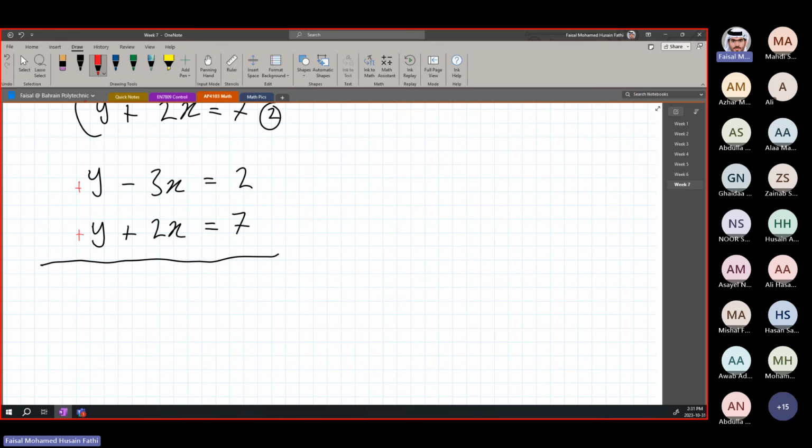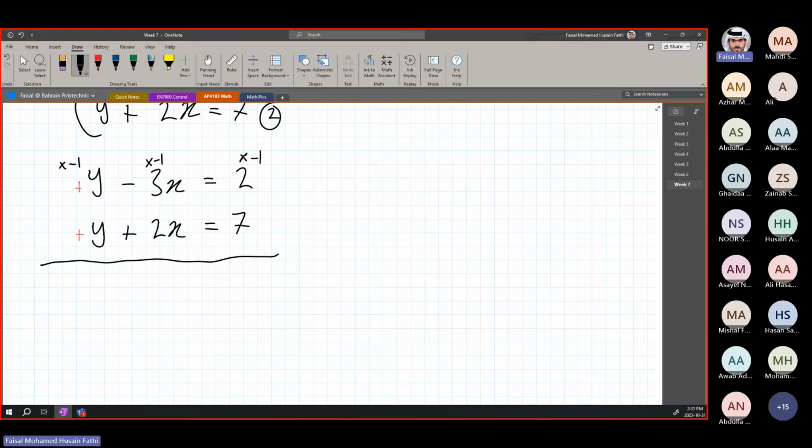Because they are both positive, we're going to have to multiply one of the equations by a negative. So in this case, we will multiply the first equation by -1, so we can eliminate the y's. Of course, if you're multiplying this by -1, you're going to have to multiply everything else in the equation by -1. So this is times -1, times -1, times -1.